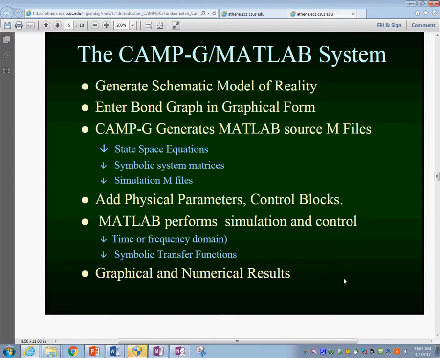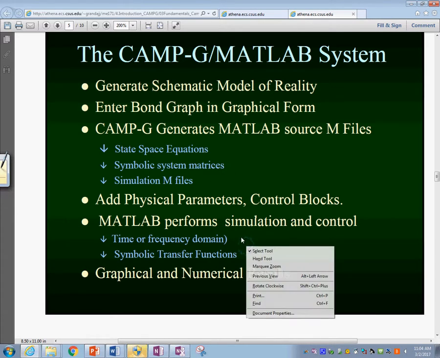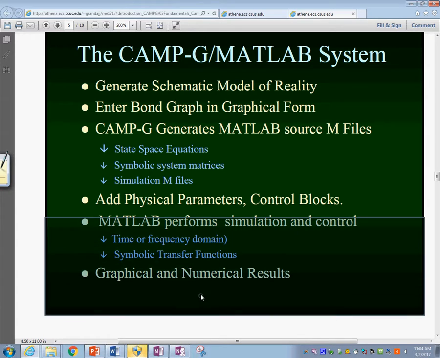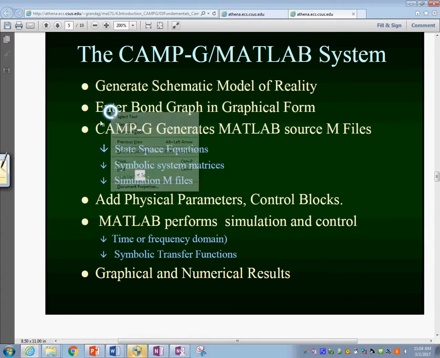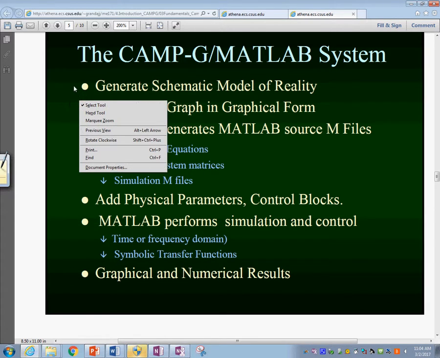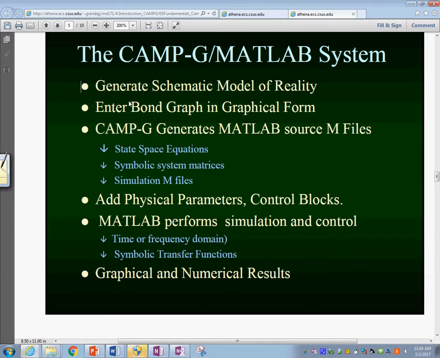So in very brief, you'll have the generation of the bond graph model and then automatically generate the equations, and then you'll be ready to do your simulation.